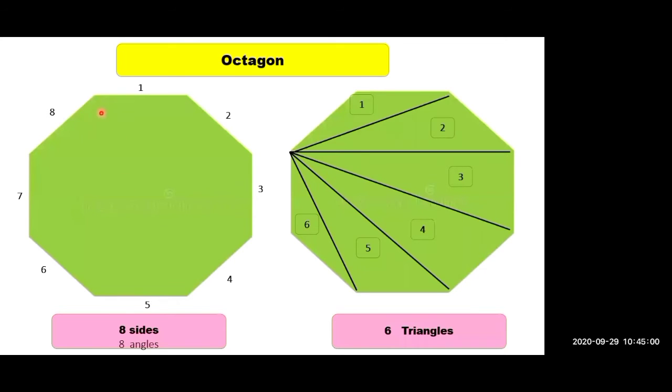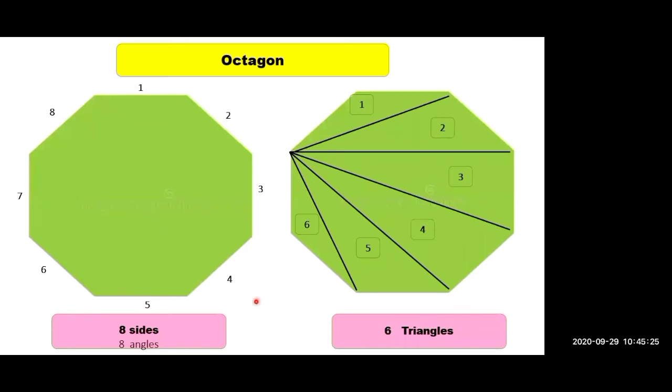Okay. And how many angles are there? 1, 2, 3, 4, 5, 6, 7 and 8 angles. Because we know that sides and angles are equal in polygon. So 8 sides and 8 angles.